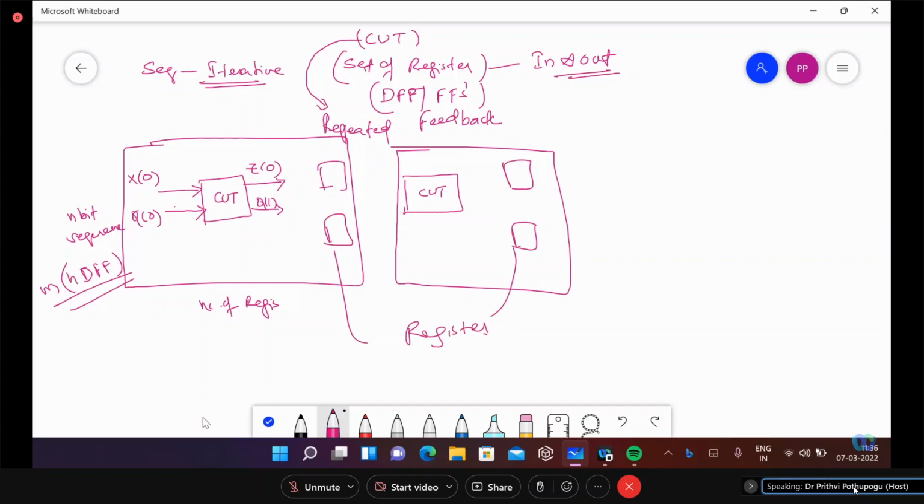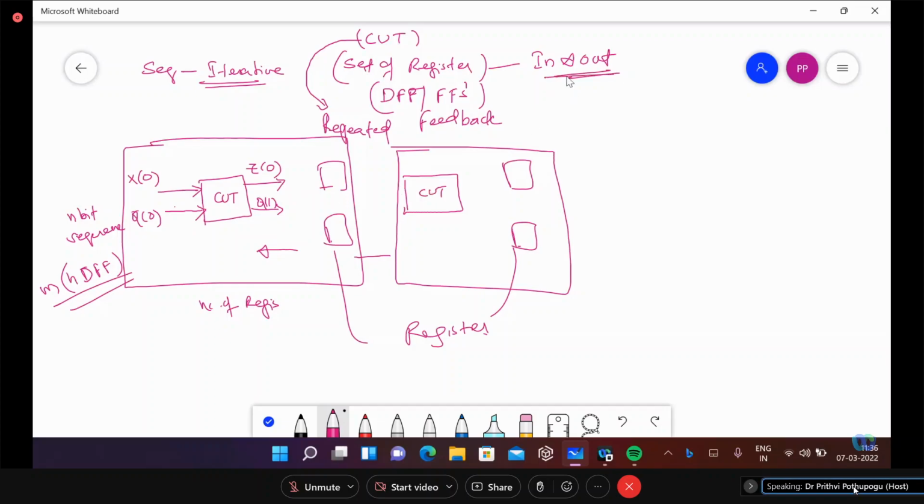In such a way that for one segment they are taking an input, and for the other it will be an output. For this segment, this set of D flip-flops acts as the provider. This is a memorizer, this is the provider. This is in, this is out.